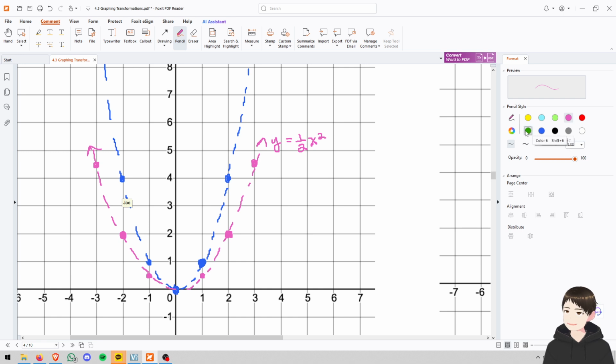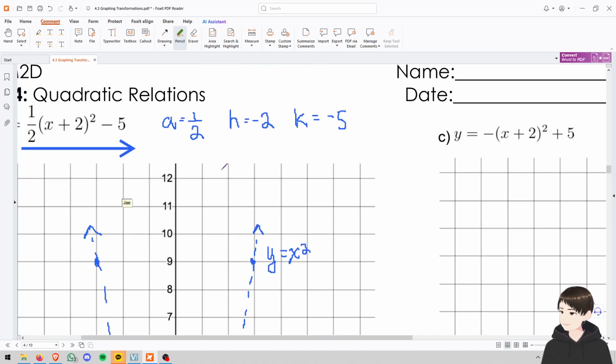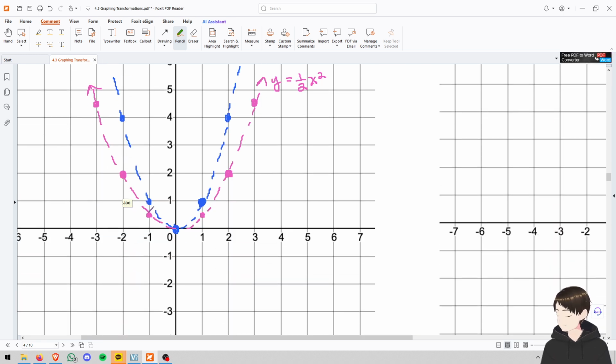Okay, let's keep moving. My next value is h, and that is a -2. It looks like a +2 in the function, so the h value is a -2. I am moving 2 to the left. 1, 2. This pink, 1, 2.